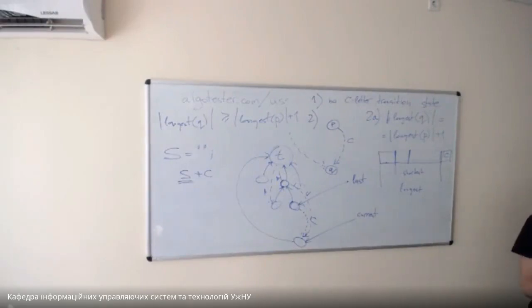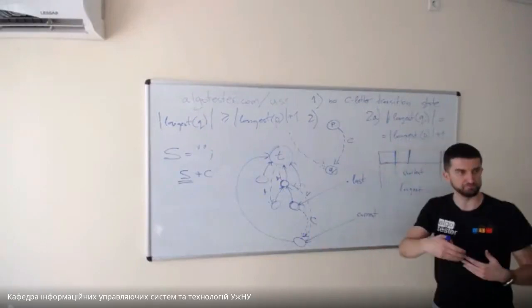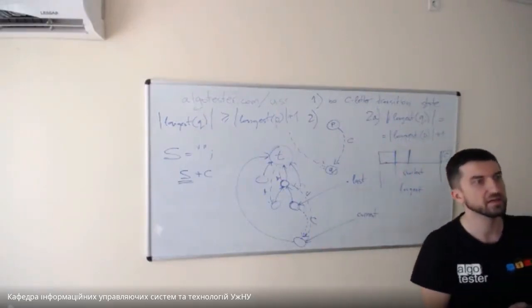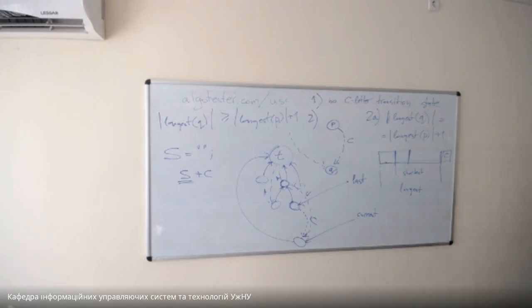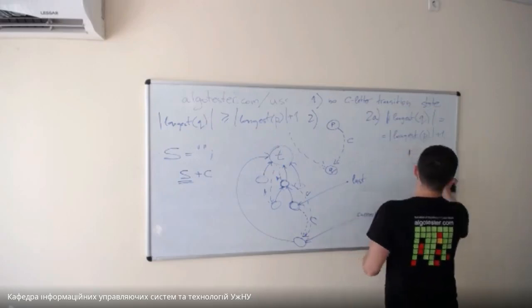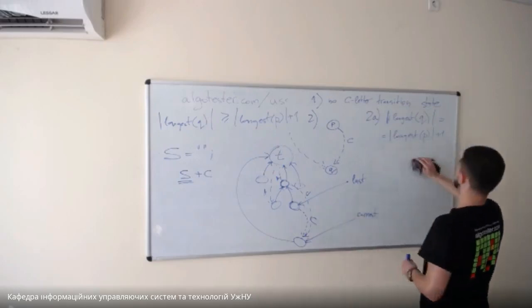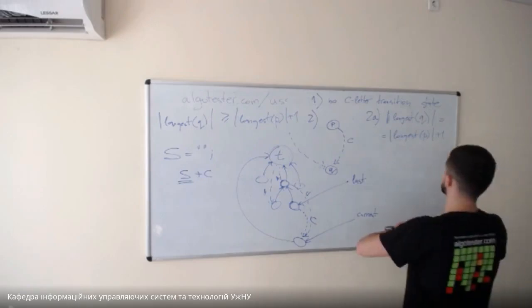Do you understand why? Yeah, because we have to add one letter, but do you understand why it can be bigger? Because we can have other transitions. Other incoming transitions. Exactly. So case 2a is when they are equal, the size of longest Q and the size of longest P plus 1.